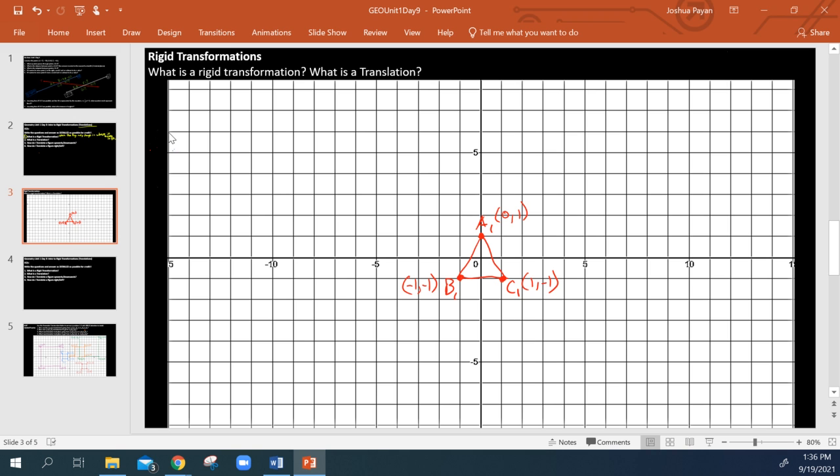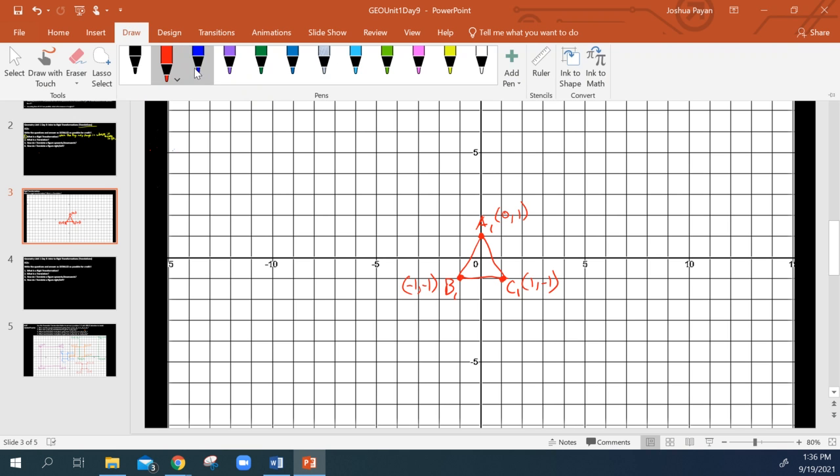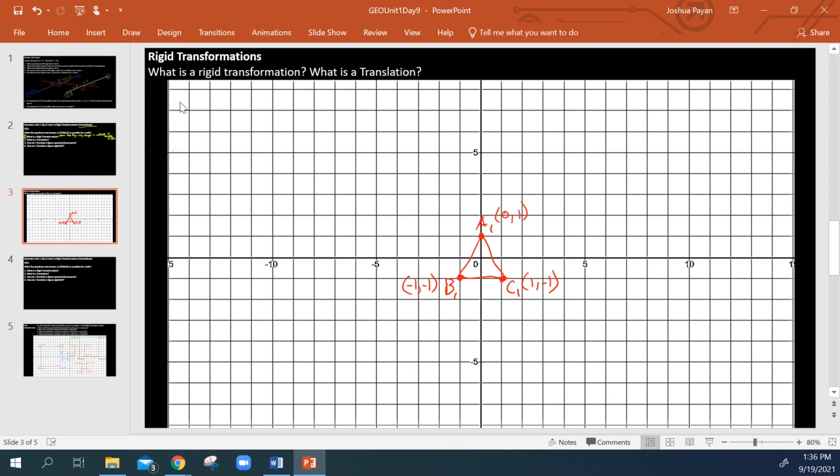Okay, so a translation is simply when you move it. It's oriented the same way. Obviously, it's a rigid transformation, so the figure's size doesn't change, right? But it just exists somewhere else, right? So let's say this is where I translated it to, where I moved it to.